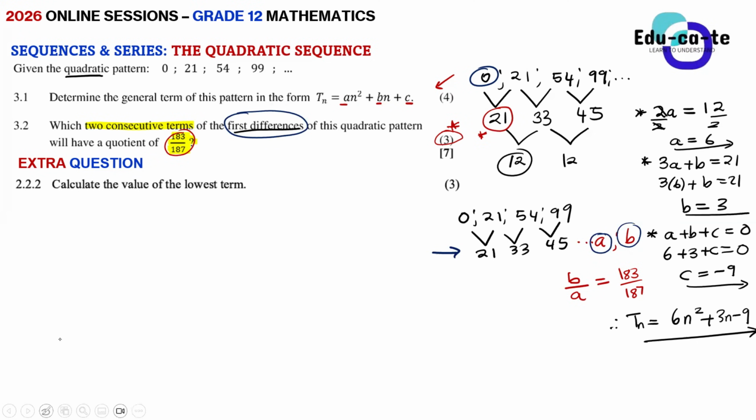That is why I wrote A and B on this arithmetic pattern made up of the first differences. Are we still together on the structuring of my A and B? Yes, sir. Okay, and then the consecutive terms, I think we can say B over A rather than A over B.